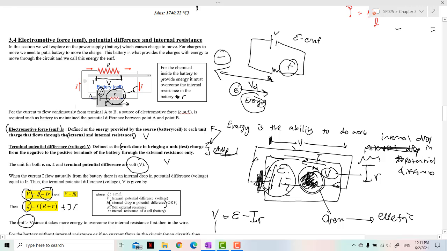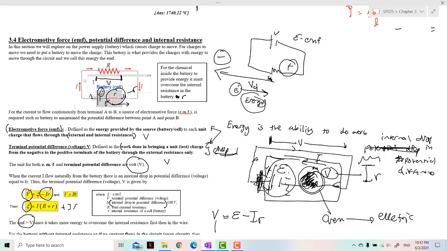When we talk about terminal potential difference, or potential difference in general selama ni kita guna, we talk in terms of the amount of work done in bringing, katakan kita bring work selama 5 joules, 5 joules per unit charge.